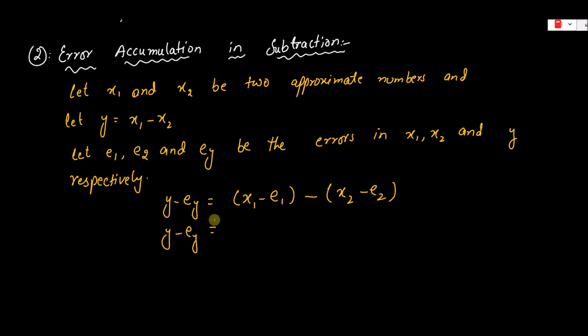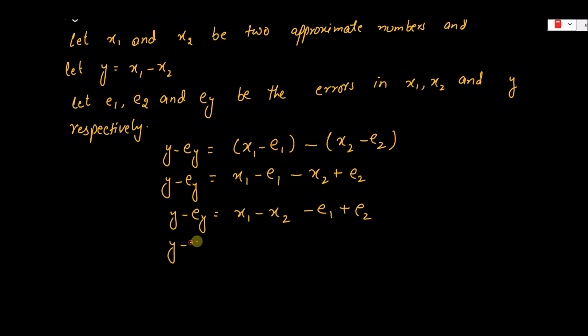So we are going to simplify it. x1 minus e1, from here minus x2, and this minus will become plus e2. So for that we have y minus ey, that is equal to x1 minus x2, and on the other side we have minus e1 plus e2.